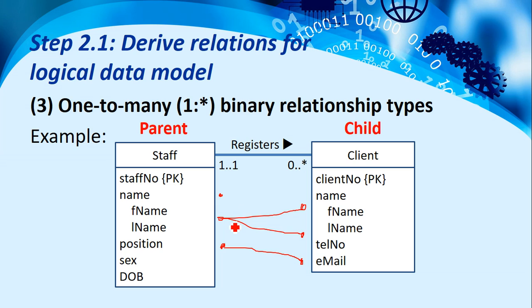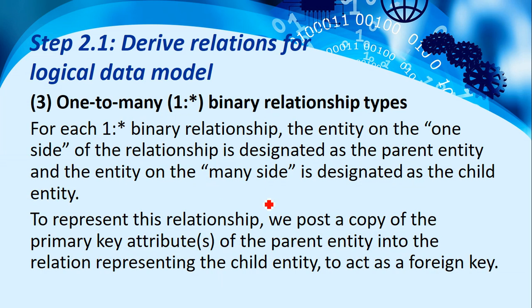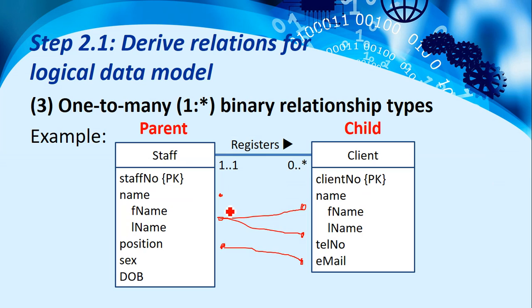It's easy to identify where the one side and the many side are. Going back, the one side again is the parent, and the many side is the child. If you observe here, the one side is this one, the staff.